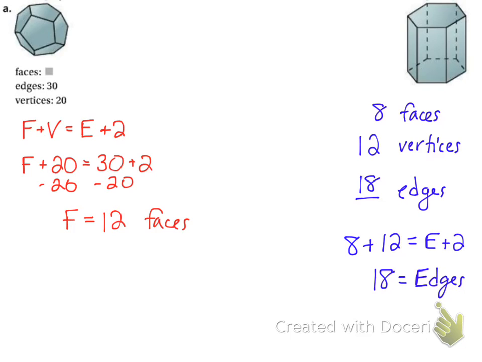And if I wanted to, I could go ahead and count all the edges. I got 1, 2, 3, 4, 5, 6, 7, 8, 9, 10, 11, 12, 13, 14, 15, 16, 17, and 18 edges there.